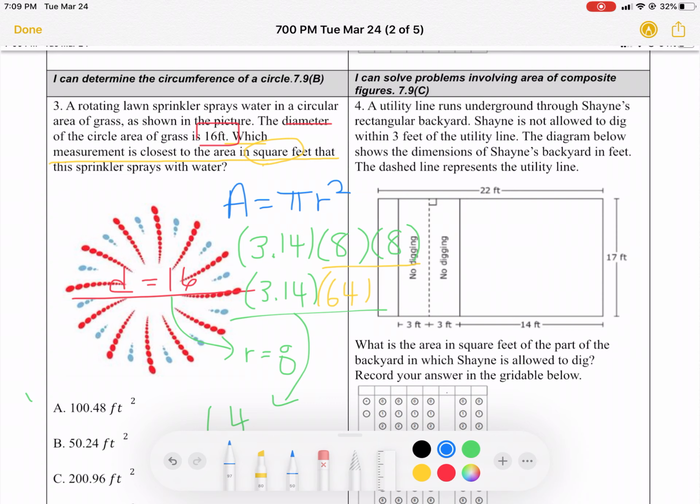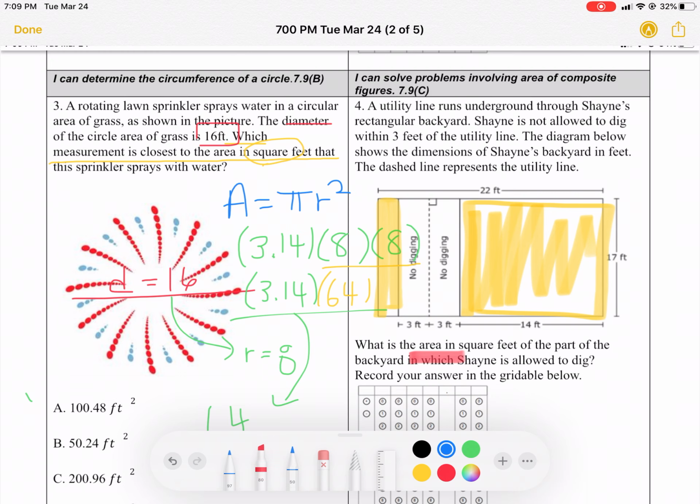So I'm going to draw a picture to show you guys a visual representation. I'm allowed to dig this area here and this little part here, and I'm looking for the area.